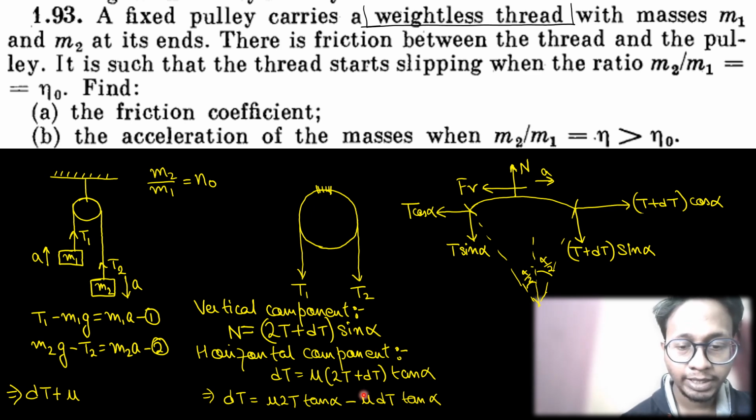I made a mistake here; it should not be minus, it should be plus, since it is mu into dT tan alpha.